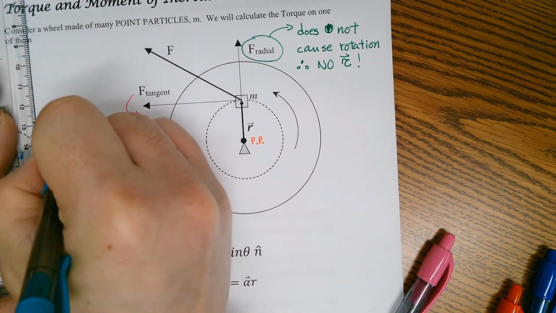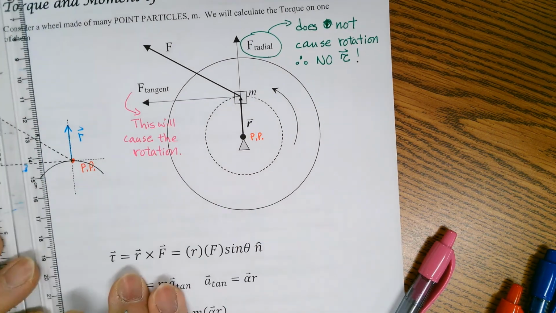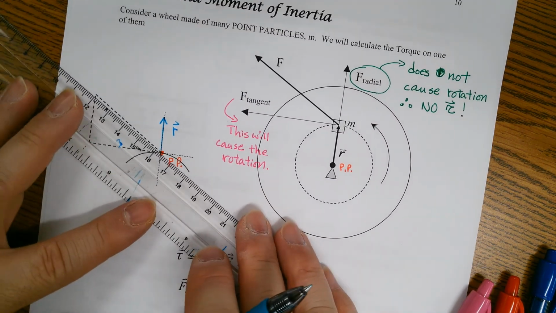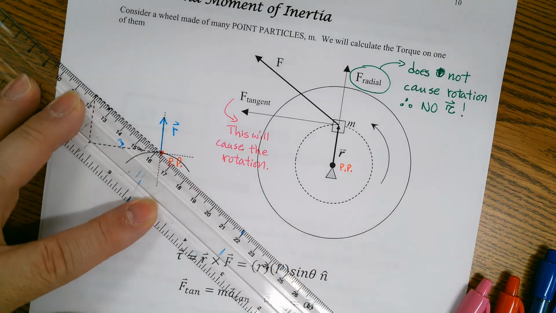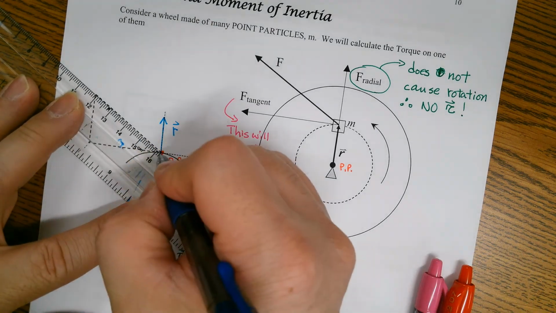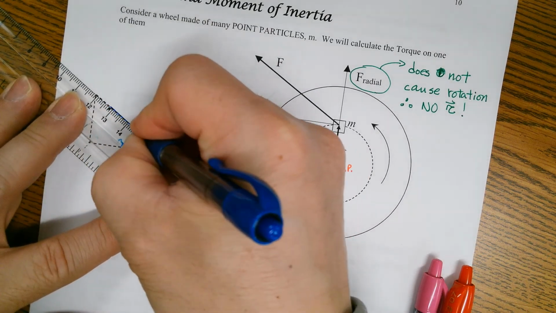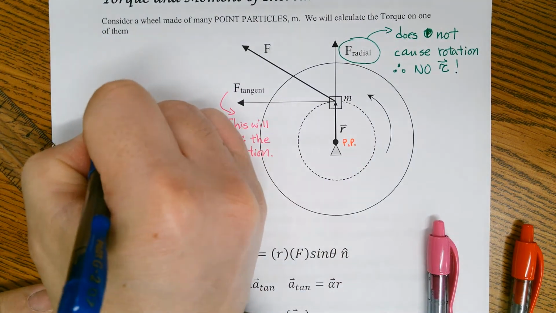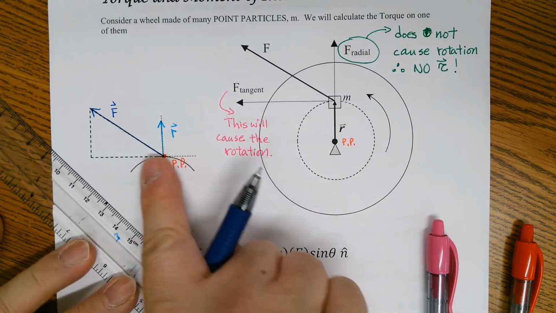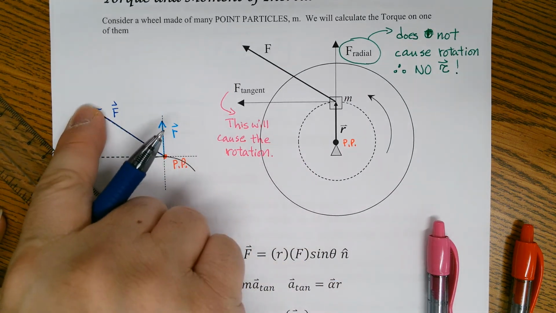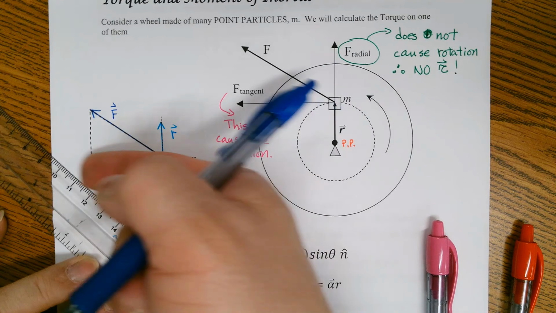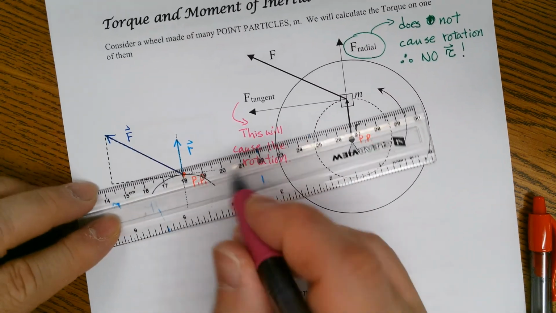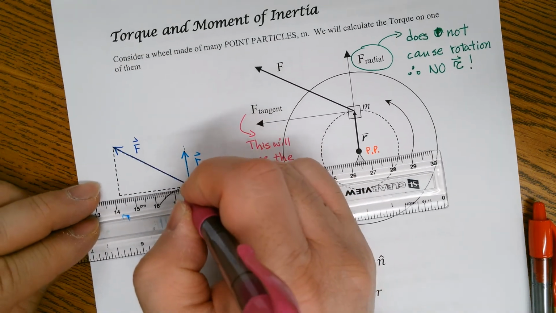There's my R vector, and here is my F. Now F can be broken up into F radial and F tangential. F tangential is what's really causing this to rotate.